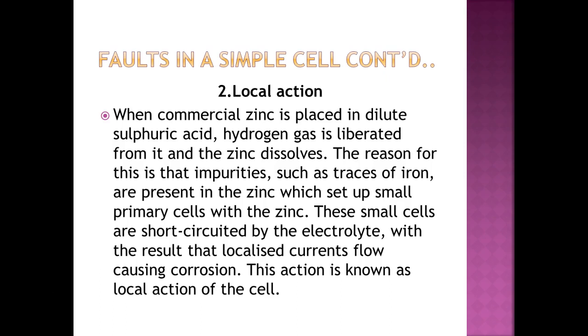Now we have another fault known as local action, and this is the rusting of the zinc. Zinc contains certain impurities such as iron, and when placed in dilute sulfuric acid, it decomposes, leading to the eating up of the cell.